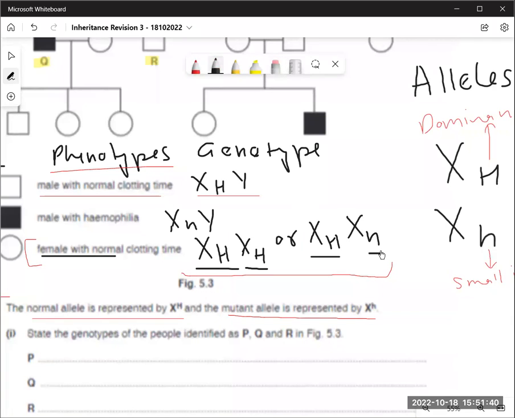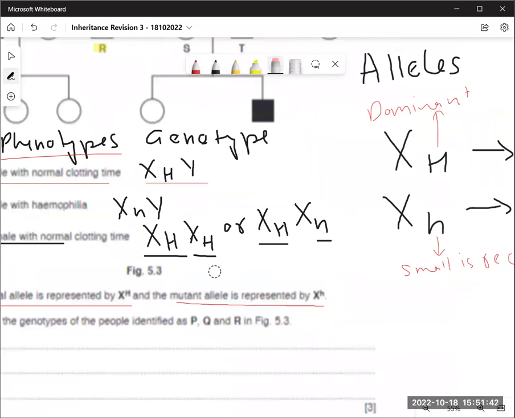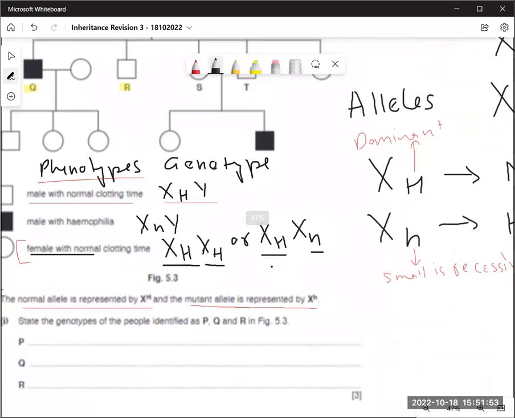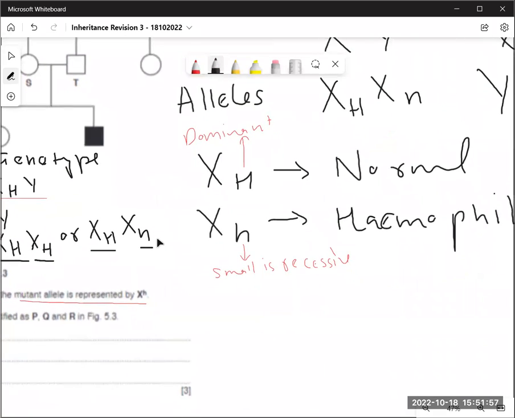Now, what this means over here is, if I have both small h and capital H, Lula, which one is given preference? If I have both small h and capital H, which one will be given preference?